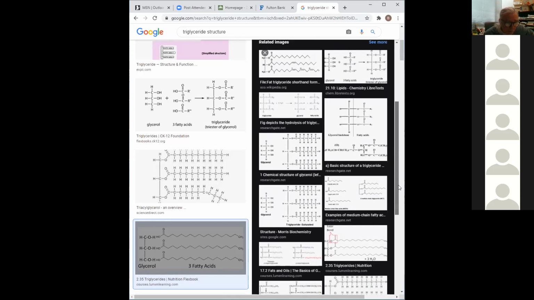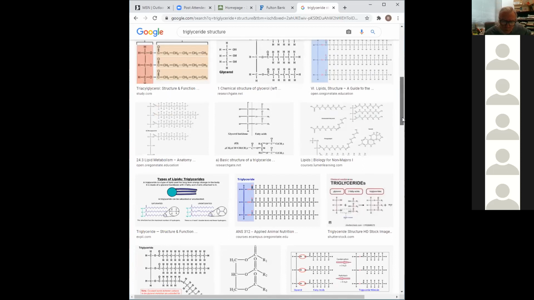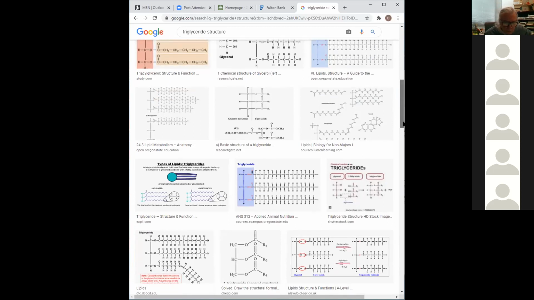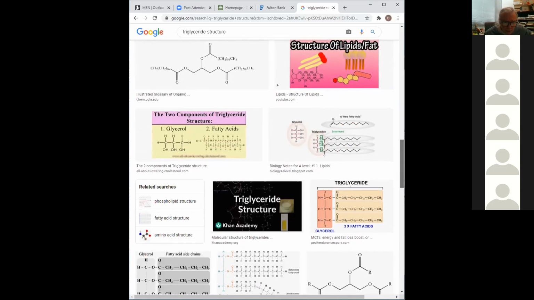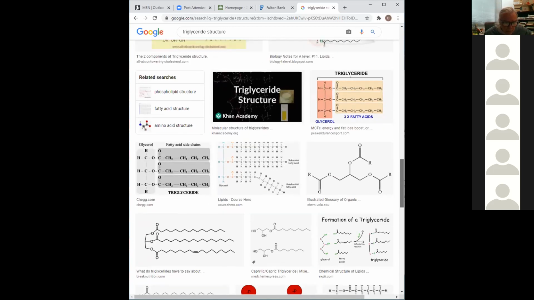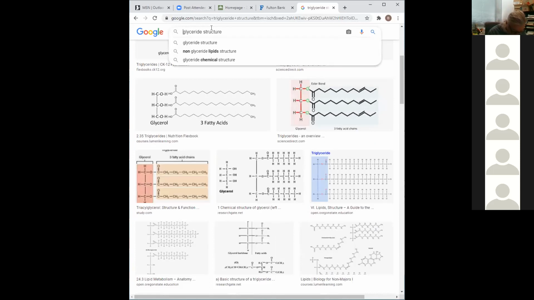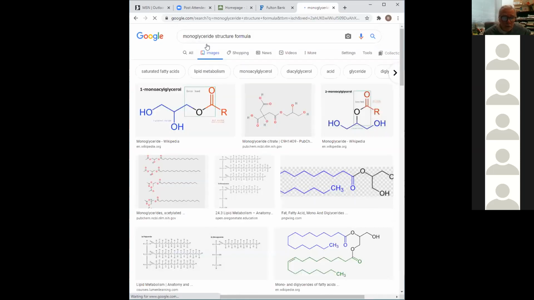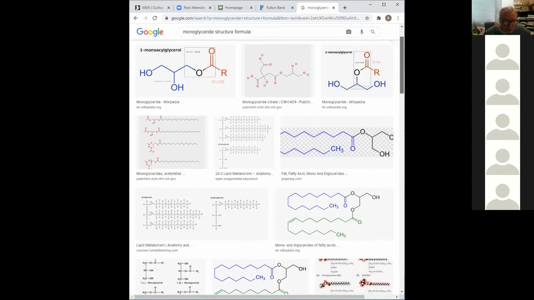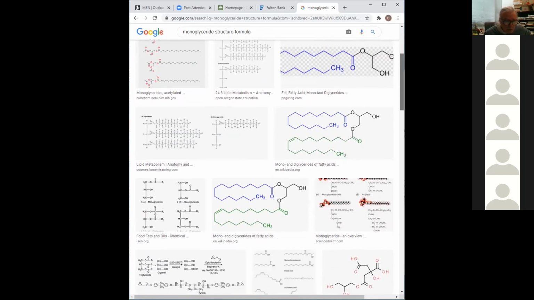So the first thing that they'd make would be a monoglyceride.